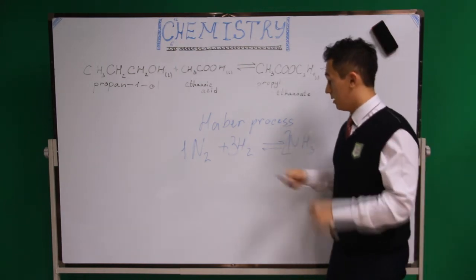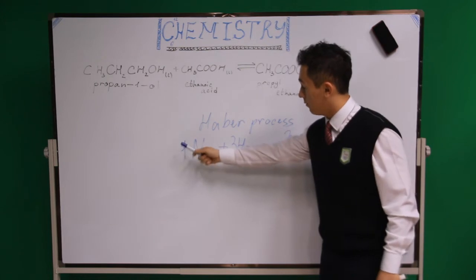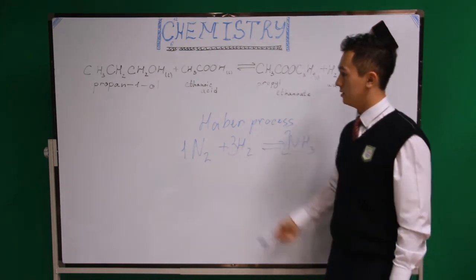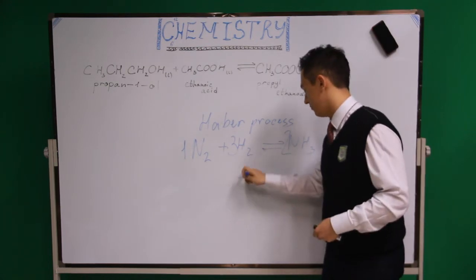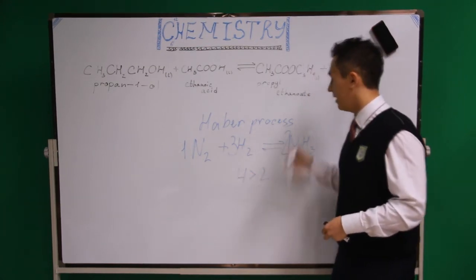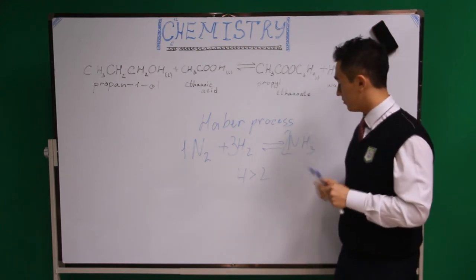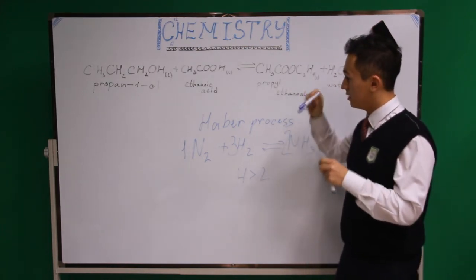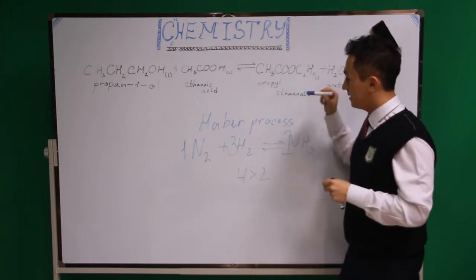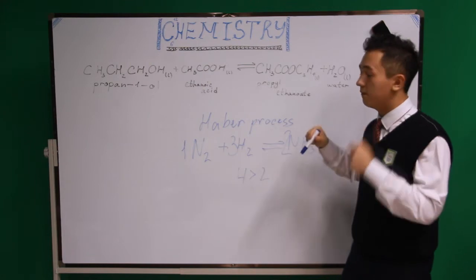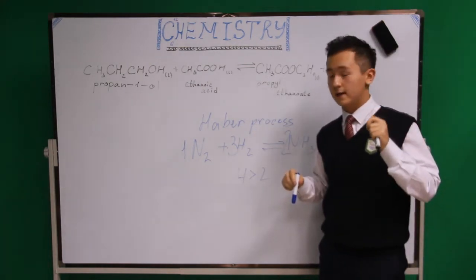So here is 1 plus 3 is 4 and 2 is 2. 4 is, of course, bigger than 2, and if we increase the pressure, the equilibrium will shift to that part of the equation where we have fewer molecules of gas.